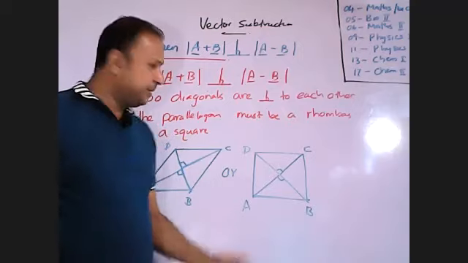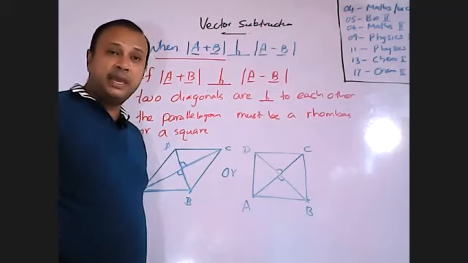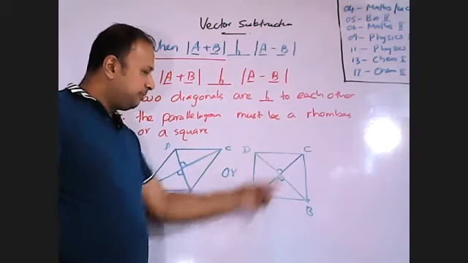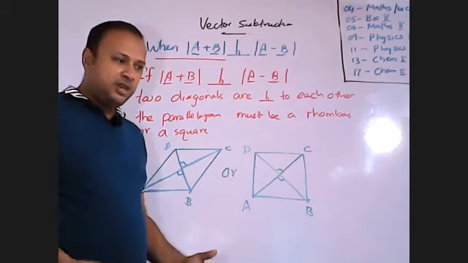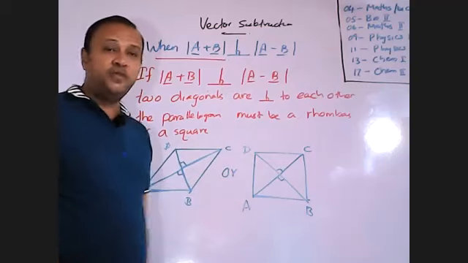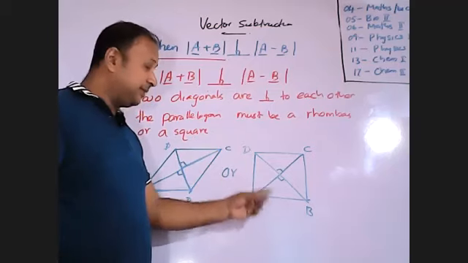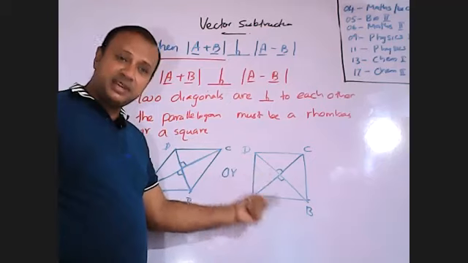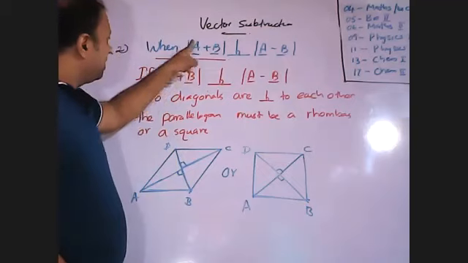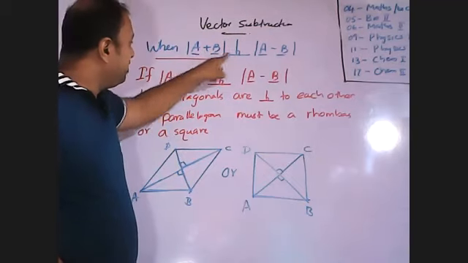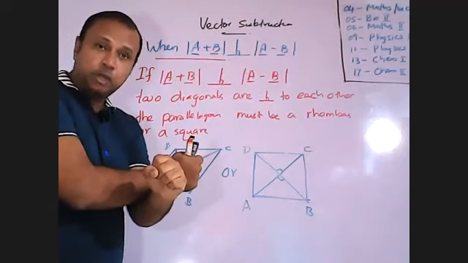Actually, your answers are correct. If it is a rhombus or square, definitely the diagonals perpendicularly bisect each other, but we cannot convert that into vector terms. This feature we can convert. If A plus B is perpendicular to A minus B, that means diagonals are perpendicular to each other.